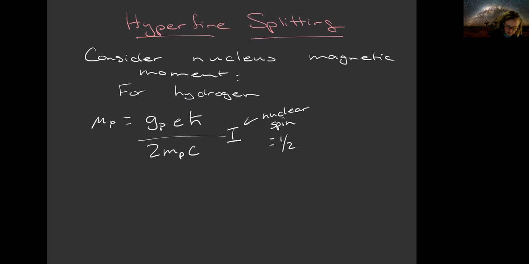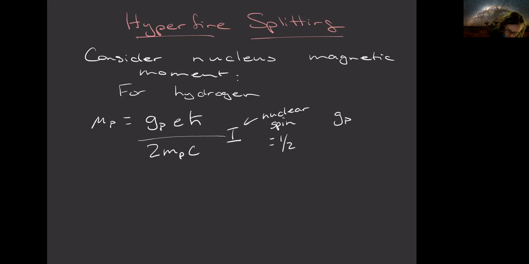But of course, the magnetic moment of this is inversely proportional to the mass of the proton. And so therefore, the magnetic moment for a proton is much smaller than the magnetic moment for an electron because the electron has much less mass than the proton.